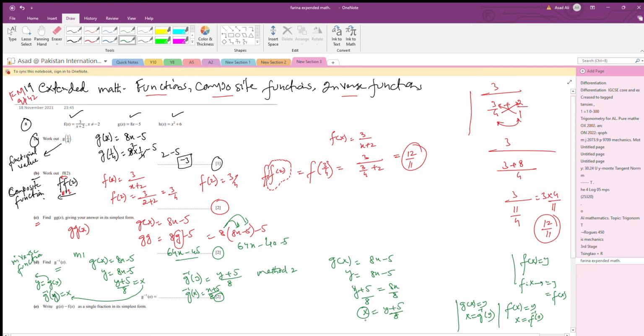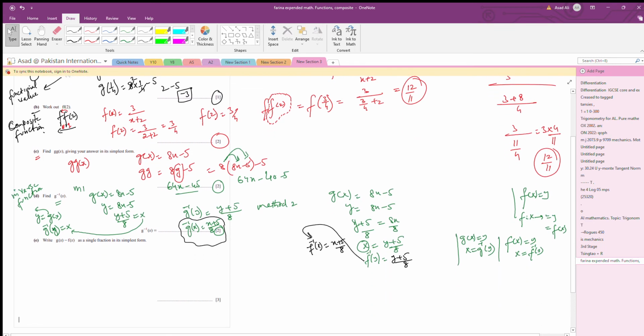So this can be replaced with f inverse y, which is x, which is y plus 5 over 8, and after switching the variable we get f inverse x is equal to x plus 5 over 8. So the same answer we got here again.